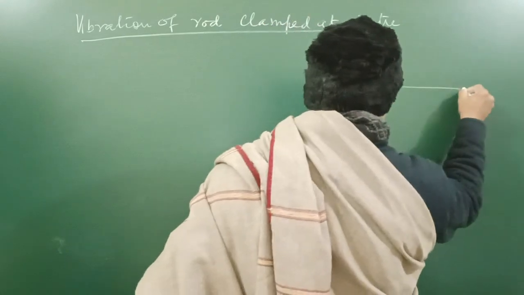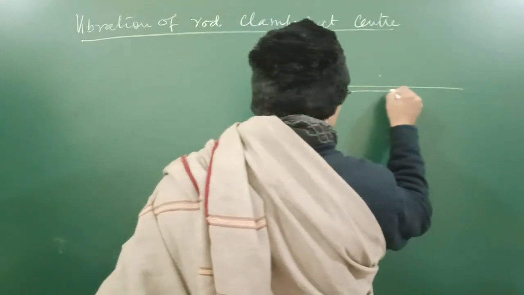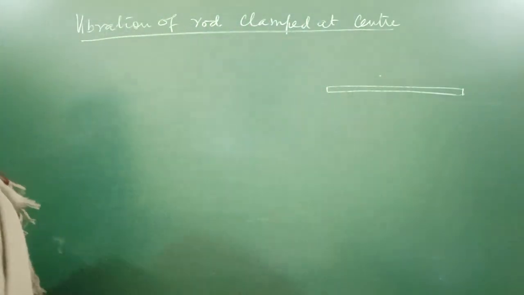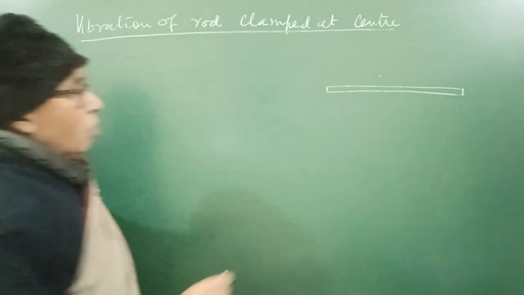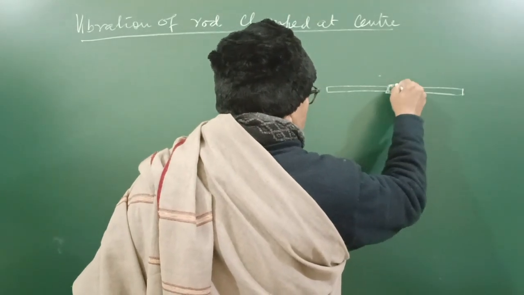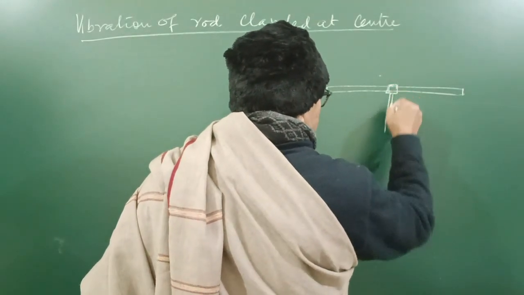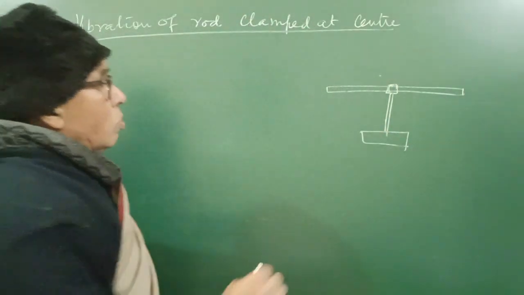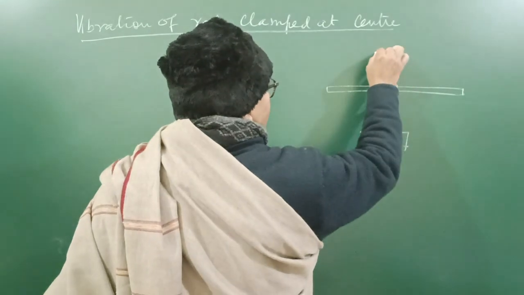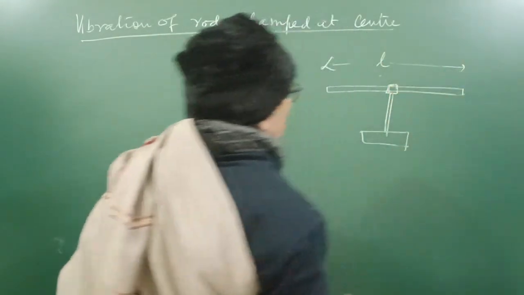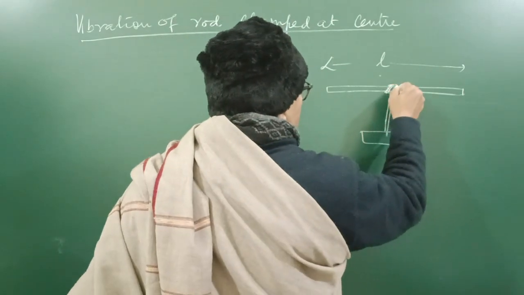Actually, dear student, listen to me very carefully. It is, suppose, a steel rod or rod of any alloy, which is clamped at center here and put on a stand here. This rod of length L is clamped here at center.